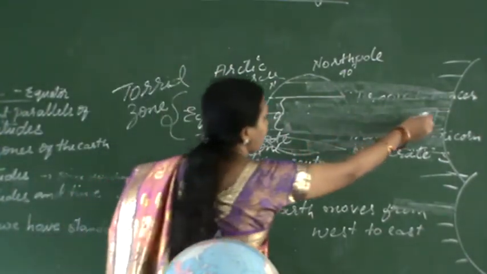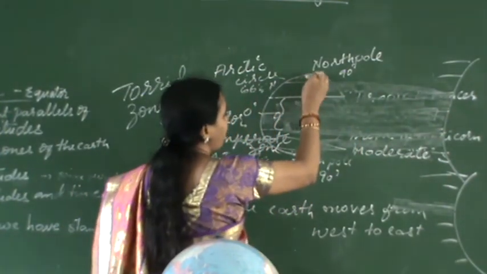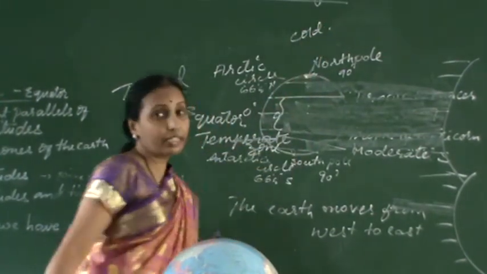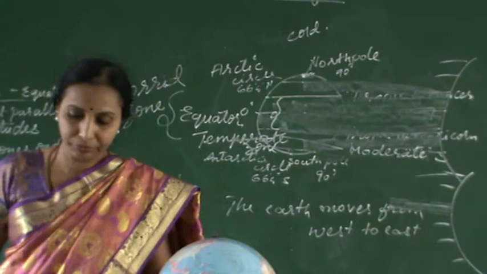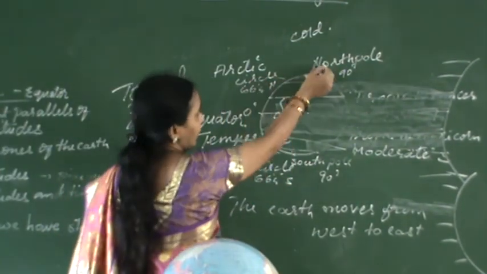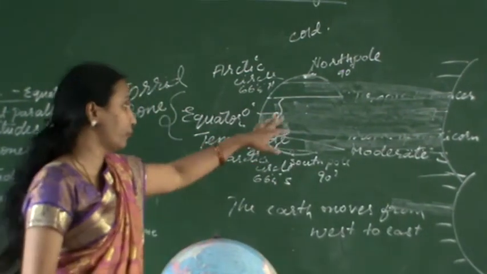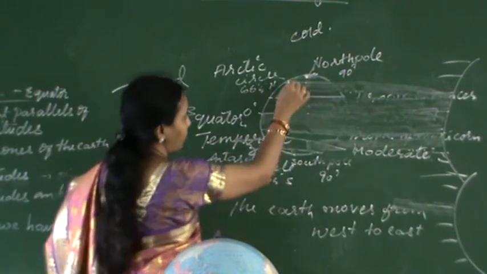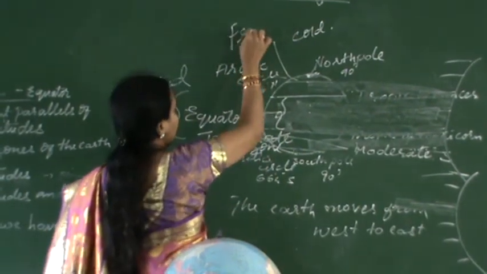Now, whereas with slanting rays, this part is very cold. The area between the Arctic Circle and the North Pole, and between the Antarctic Circle and the South Pole, is called the frigid zone.